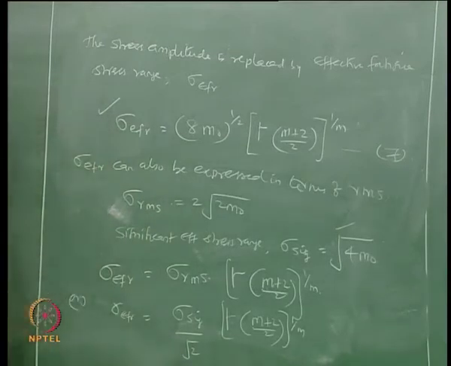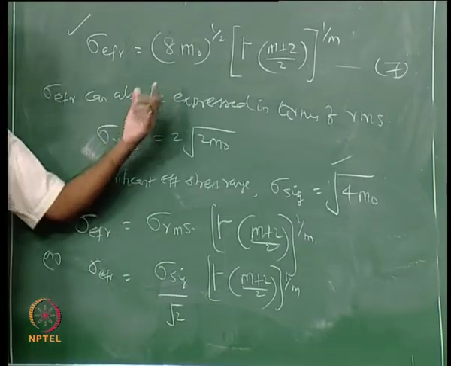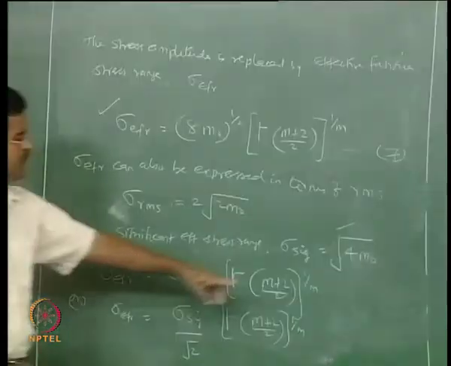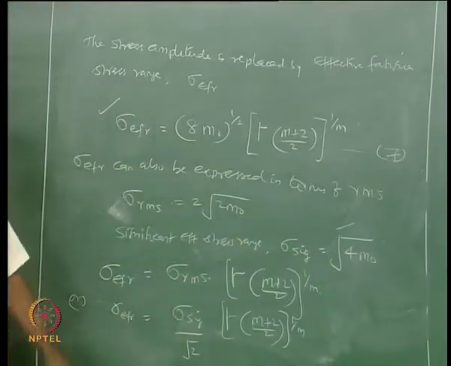Is that okay? Because 8 is 2 root 2, I already have 2 here. So, I divide by root 2.